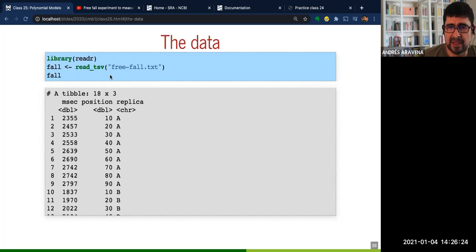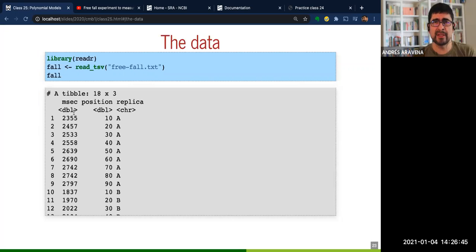Library reader, and I read the table that I'm going to send you in a minute. I got the time in milliseconds as shown in the screen, in the video. This is my analysis of the video that I showed you. If you want to replicate, you can look at the video on YouTube and go picture by picture like I did.